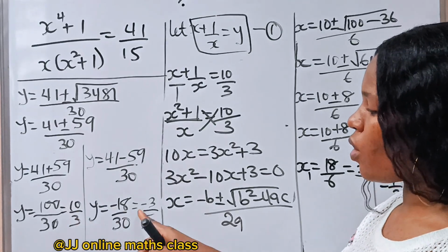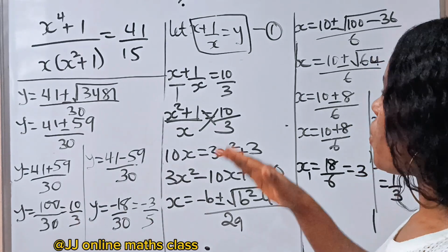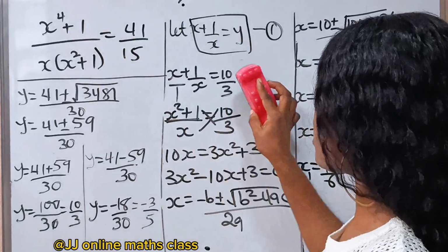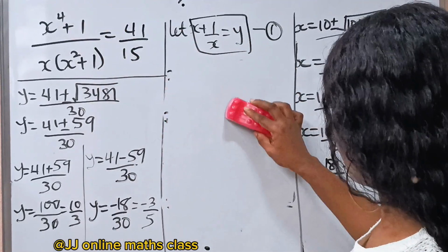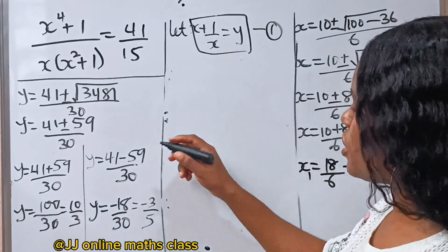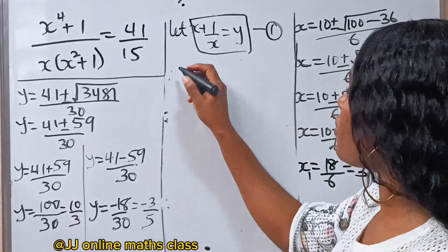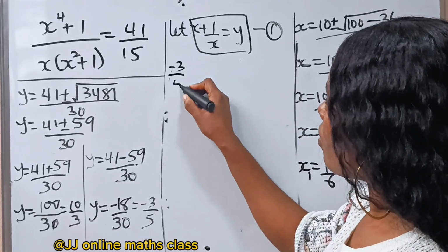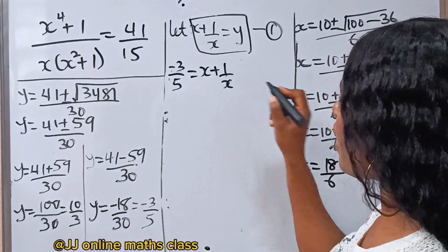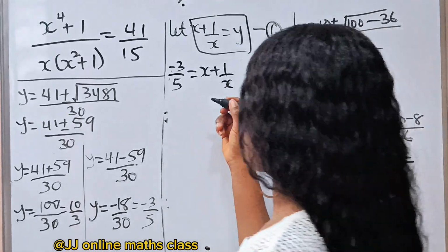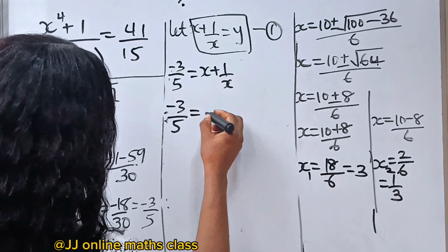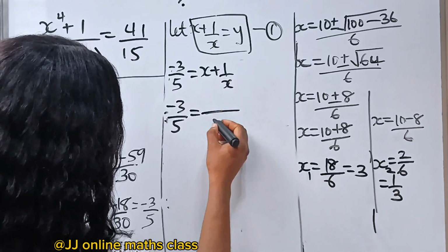Now for y equal to minus 3 over 5, we are still going to clean here and substitute for the value of y here. So let's clean here, and then we have that our y, which is minus 3 over 5, is equal to this x plus 1 over x. Then we solve that minus 3 over 5 is equal to this.